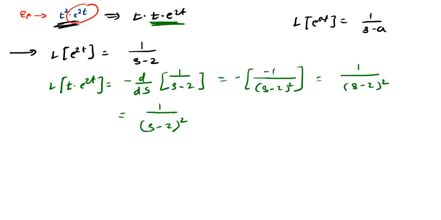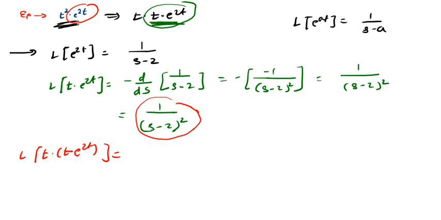Now again multiply by t, because we need t square into e raised to 2t. So this thing is multiplied by t again. What will be the change here? You need to take its derivative with respect to s.